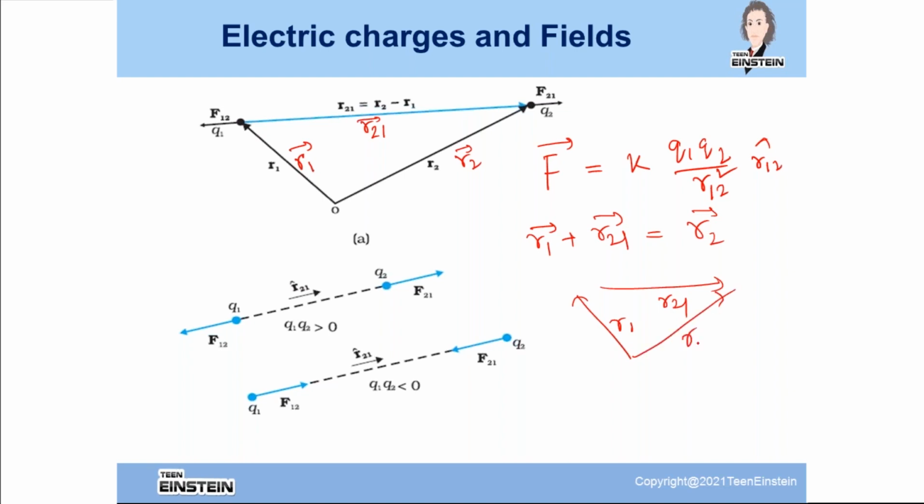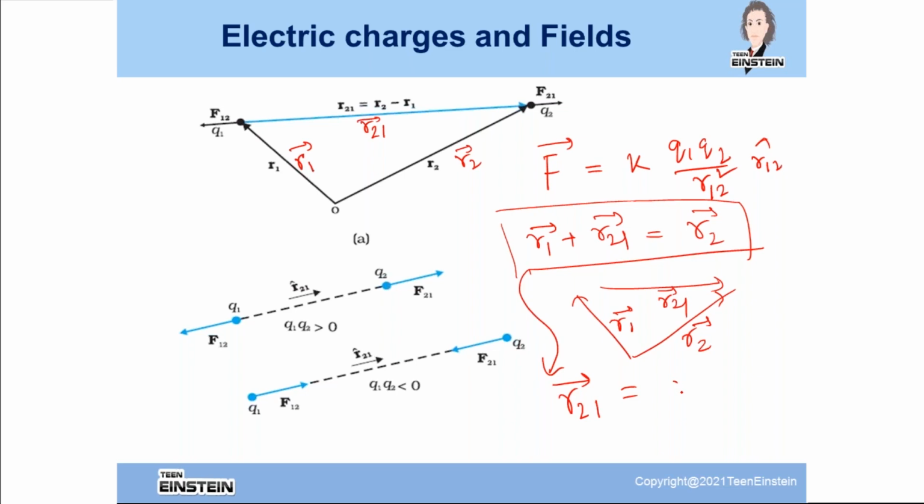I can write R1 plus R21 is equal to R2 vector, according to my law of triangle. This is R1, this is R21, and this is my R2. This is the one.